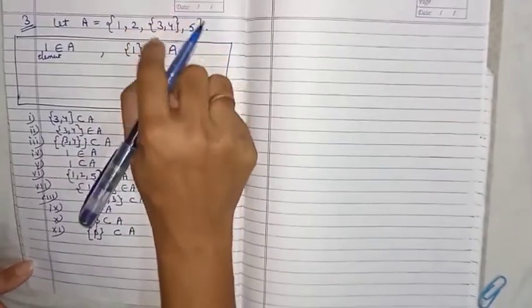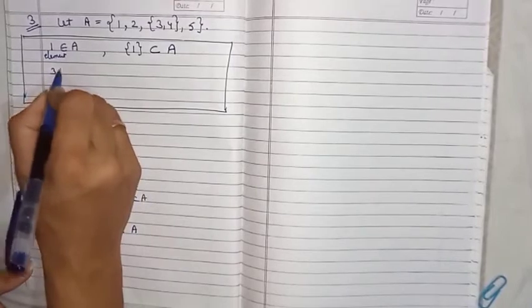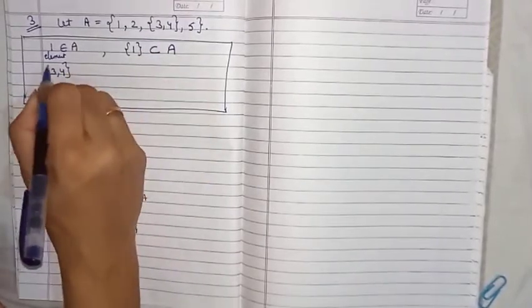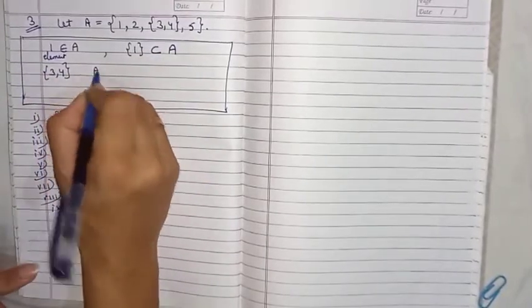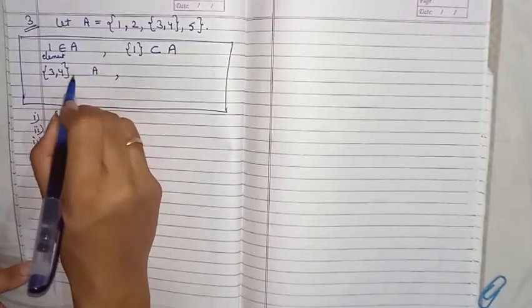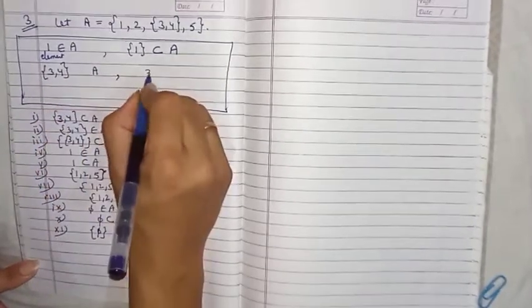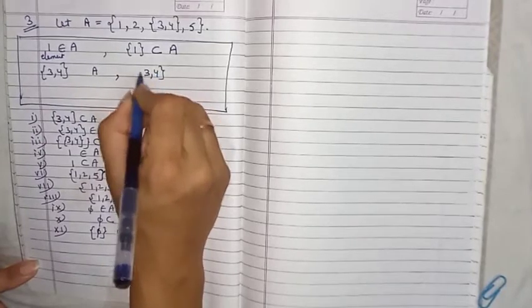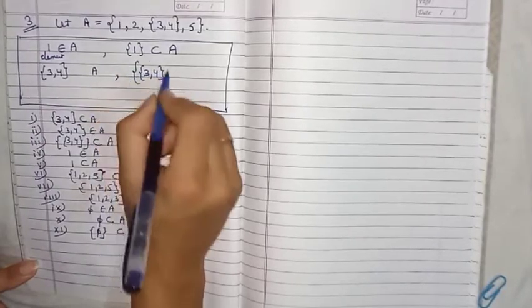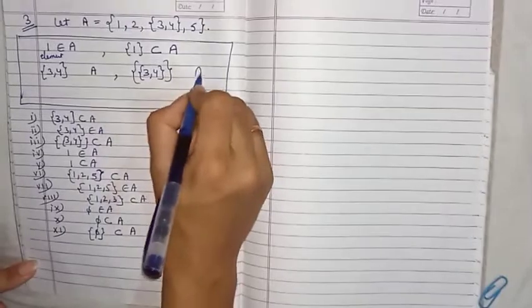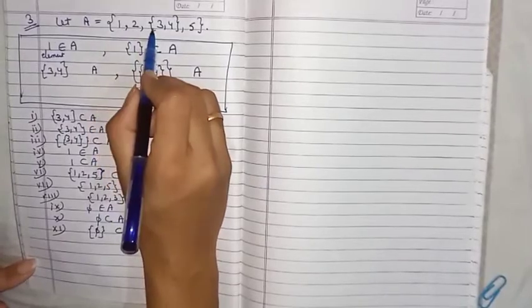But for 3, 4, if I write 3, 4 with a bracket as it is, then think what should be placed here. And if I write 3 4 as this, then what should be placed here? Now if I compare 1 with bracket and 3 4, they are the same.